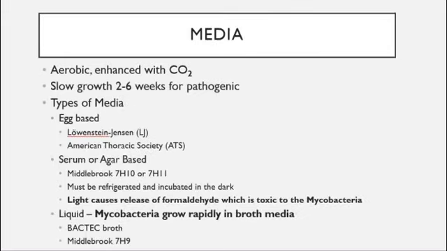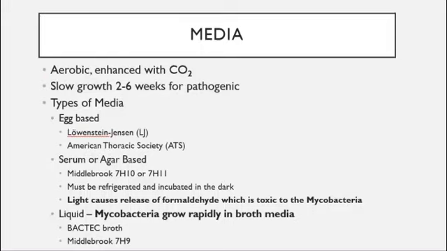We want to use a media that's aerobic and it's enhanced with CO2. Again, we've said these are slow growers. It can take anywhere from 2 to 6 weeks for a pathogenic Mycobacterium to grow. The media, we can use an egg-based media like Lowenstein-Jensen or LJ agar.